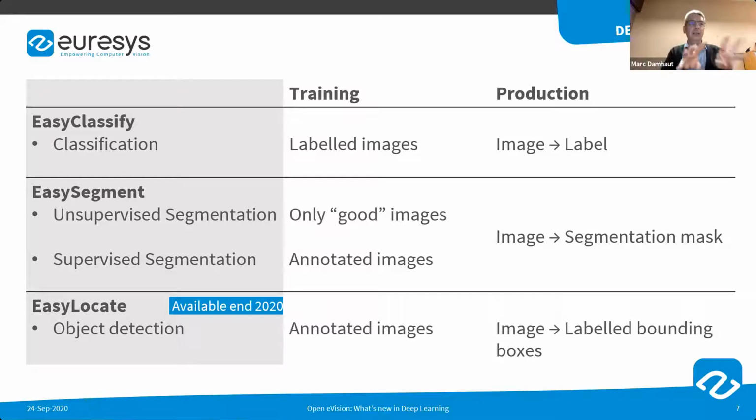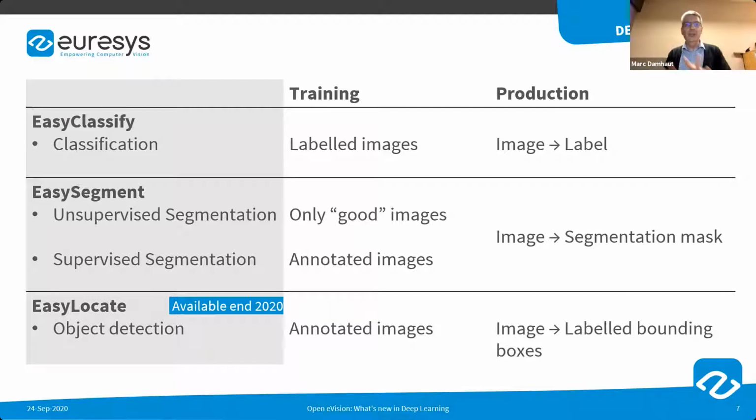So with this unsupervised segmentation mode, we can train the tool with only good images. It cannot solve all the applications, but it's certainly a good way to start. With unsupervised segmentation, we don't need many images, 10 to 20 images, and then we are good to go. And you do not have to label or annotate the images.